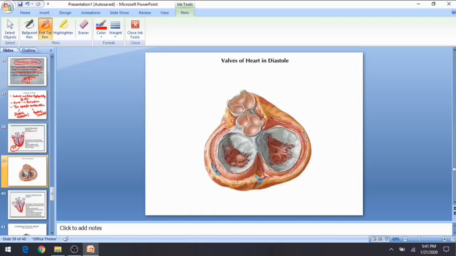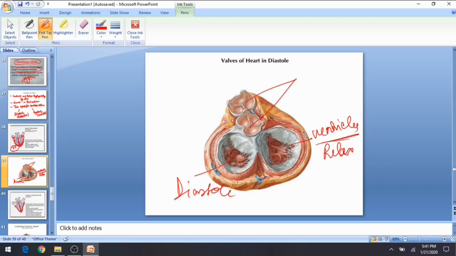This is a diagram where you can see diastole takes place in the ventricle region, where ventricle relaxes, and these are arteries when they contract, or systole effect.